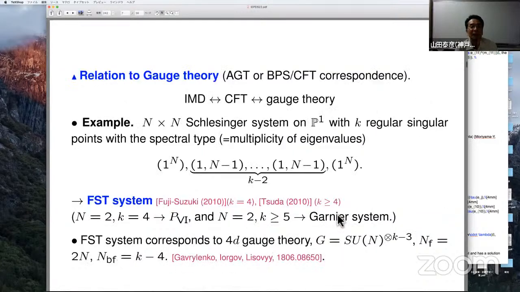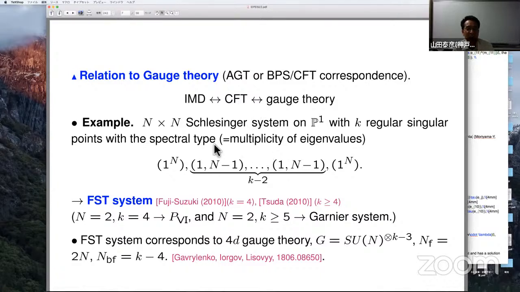So such a conformal field theory is also related to gauge theory by the AGT or BPS/CFT correspondence. So this correspondence is also one of the motivations of the quantization of the Painlevé equation.